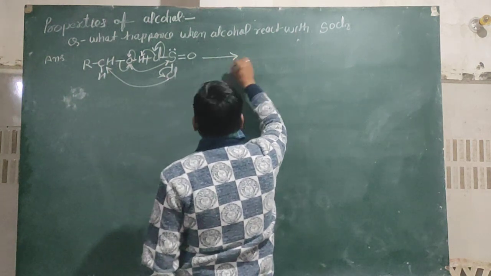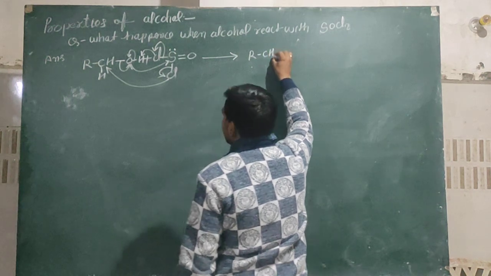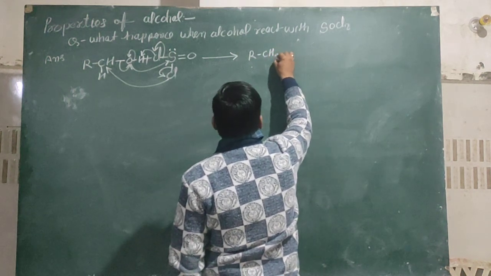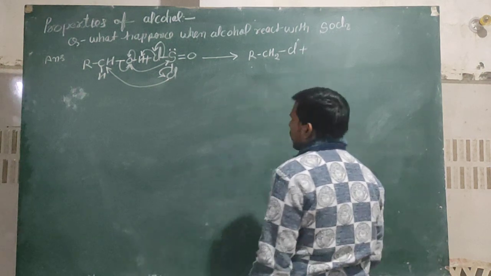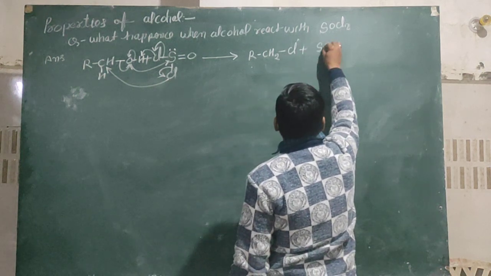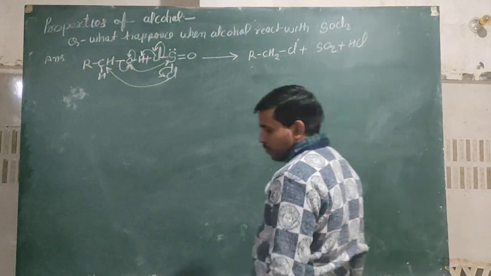After this reaction, formation of R-CH2Cl, a haloalkane, plus SO2 plus HCl takes place.